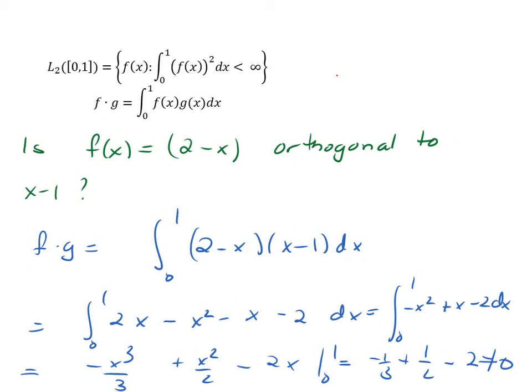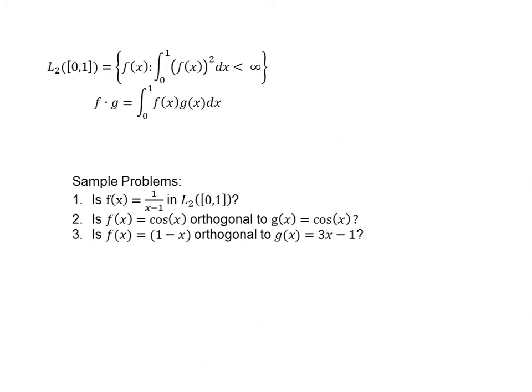All I had to know is that it's not 0. I'm done. Because that dot product was not 0, those two functions are not orthogonal to each other. So I gave you some sample problems, just checking if something's in there or not. And they basically are integration problems.